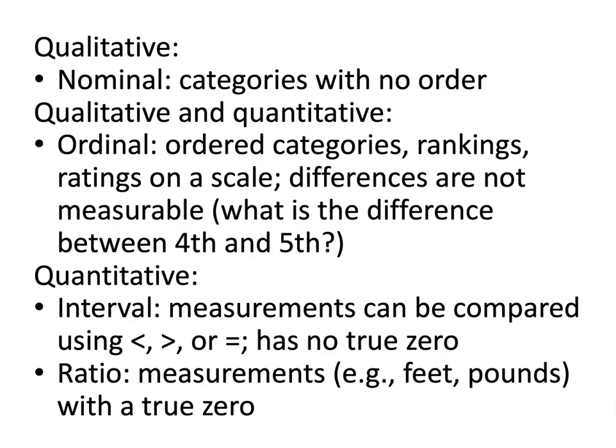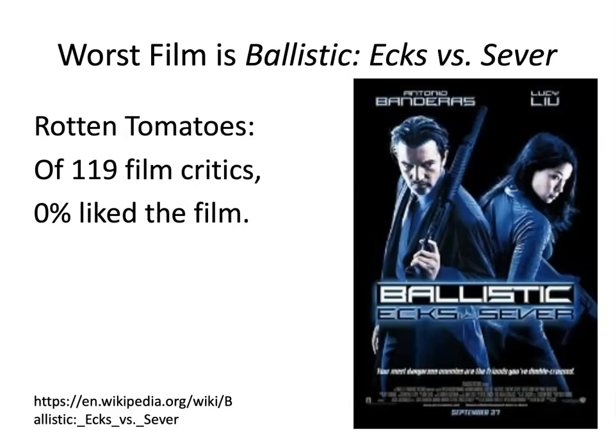So it's like rankings, ratings on a scale. And yet, the differences are not measurable. What's the difference between 4th and 5th? So because you can't really do calculations with these, they're kind of qualitative as well. So ordinal data are both qualitative and quantitative, whereas interval data and ratio data, those are quantitative.